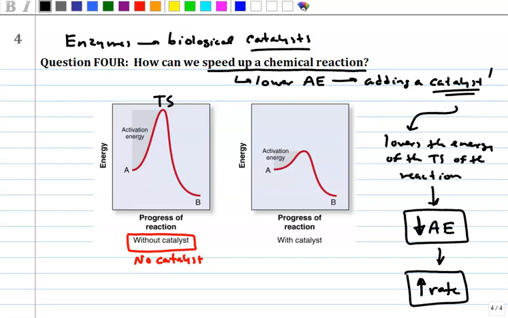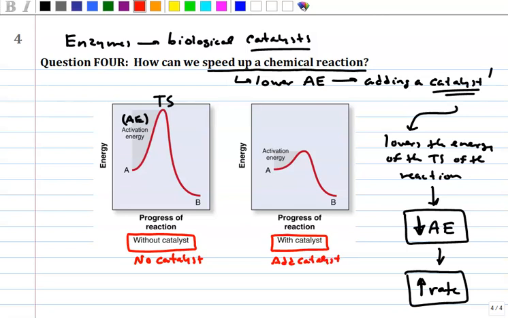Look at the energy difference between A and the transition state, pretty large. But look at this. If we add a catalyst to this reaction, it's the same reaction, it's still A to B. One is without a catalyst, one is with a catalyst.